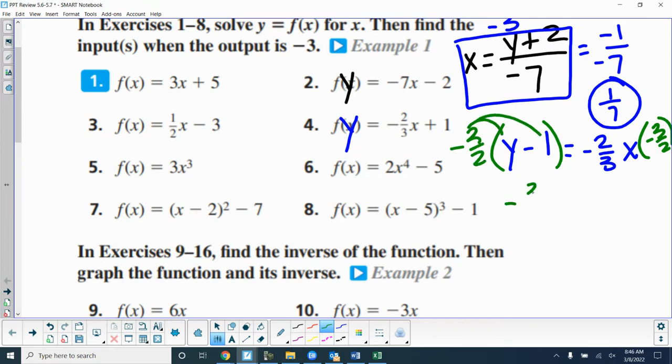All right, so you get -3/2 y plus 3/2. Okay, which the book wrote -3y plus 3. They wrote it like this since it was the same denominator.